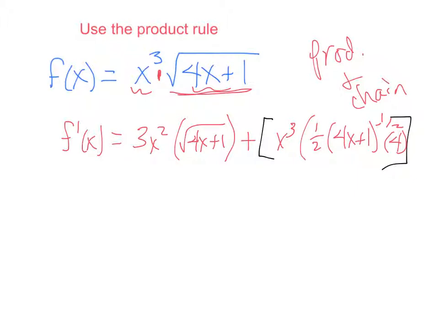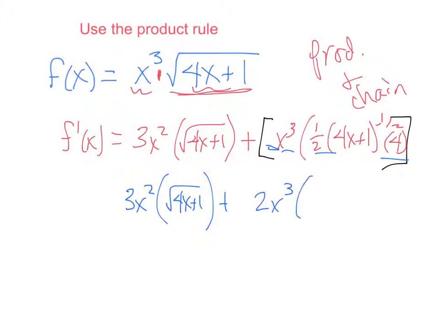And then to finish this, you just leave 3x squared times the square root of 4x plus 1, plus this. Basically, you have coefficients, because that's 1, so half of 4 is 2, and you can put it as x cubed times the quantity of 4x plus 1 to the negative 1/2.